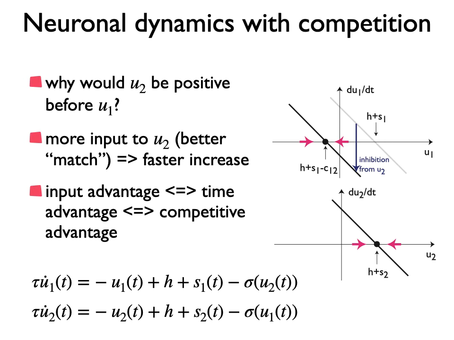The idea would be that input could have driven one of those neurons up faster, so that it goes through threshold first and starts to suppress the other neuron before that other neuron has a chance to suppress the first one. So stronger input. In the simulator, you can play with that later.